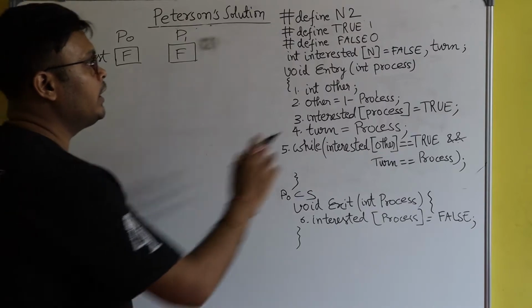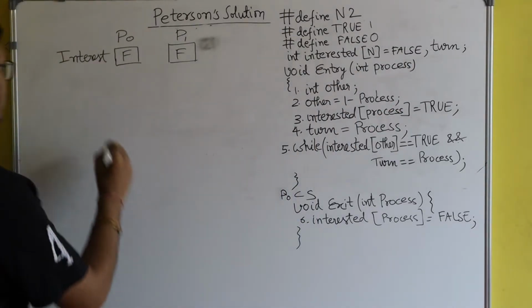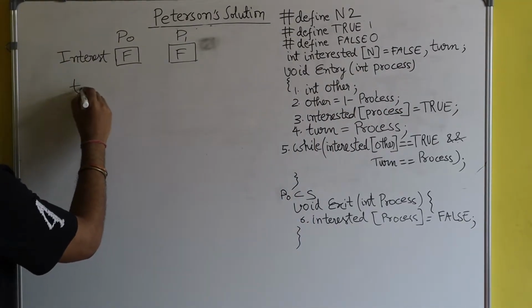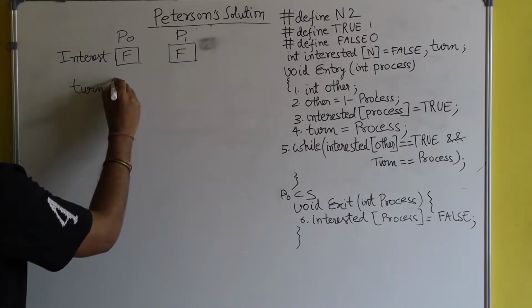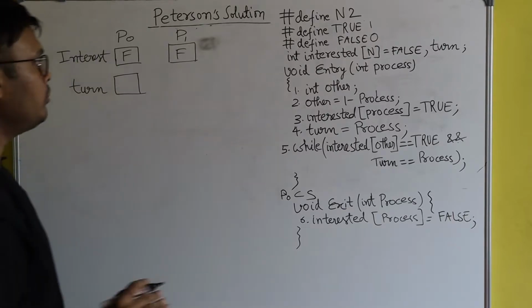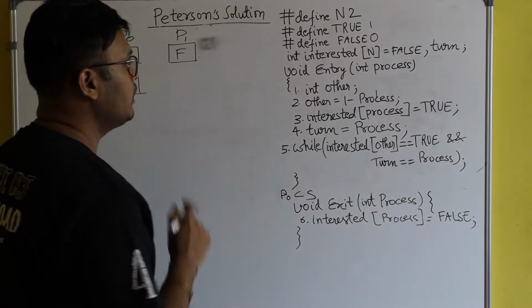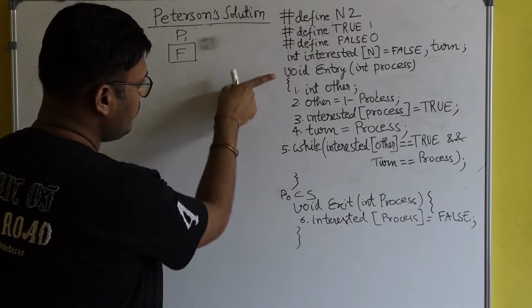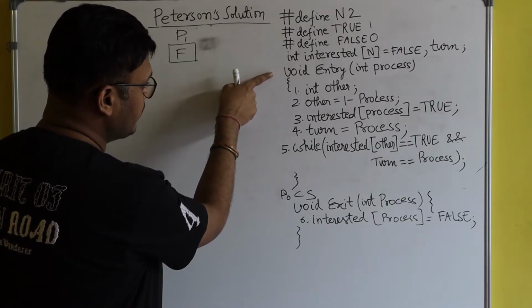And after that, you see there is a turn variable. As I've already told you, both the interested array and the turn variable will be used in this algorithm. So here you see this is the entry section code.